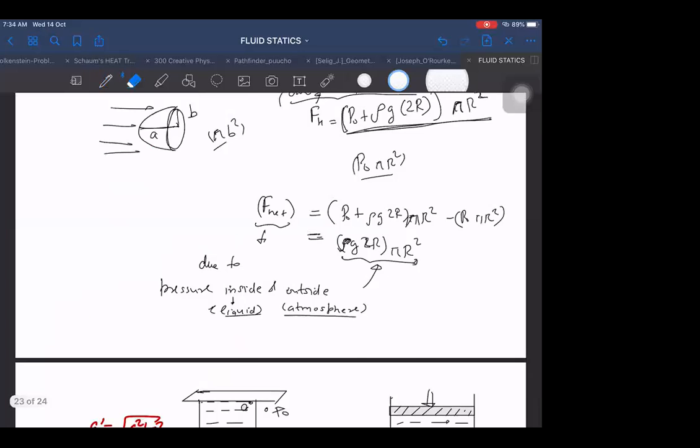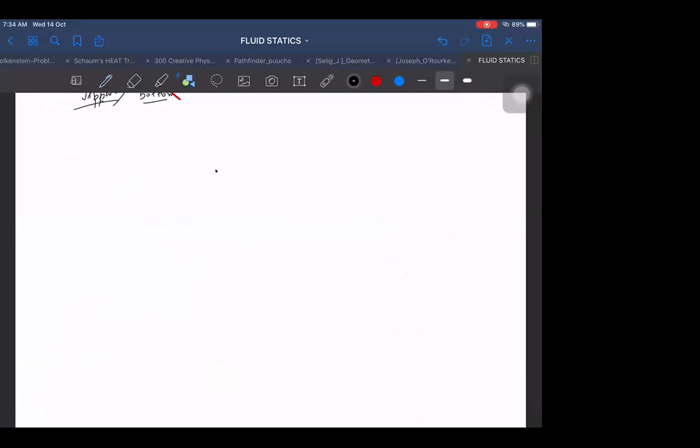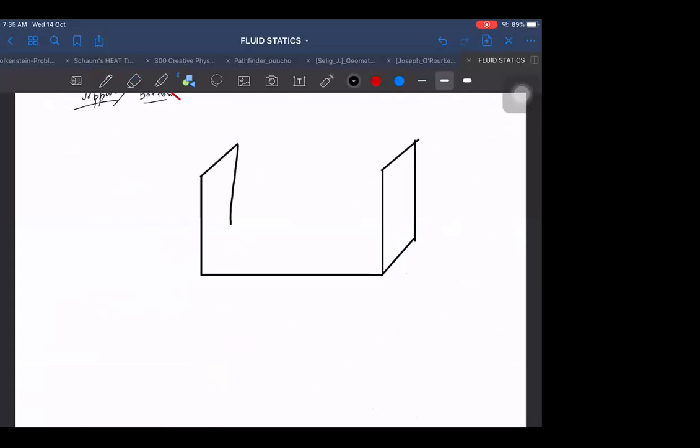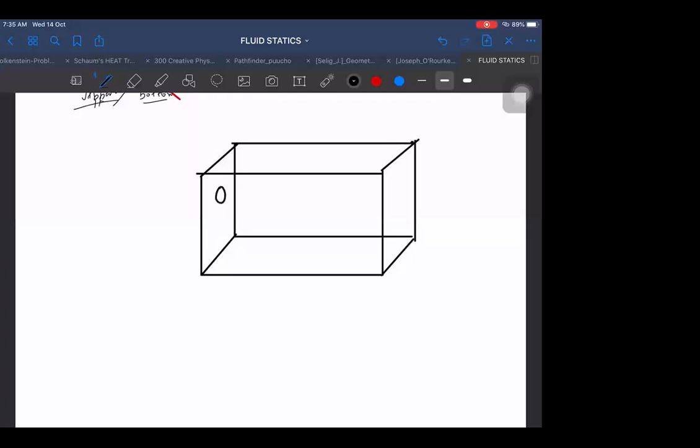All right. Let me ask you another question now. In a container, let us say this is a container, and in this container I have a handle.